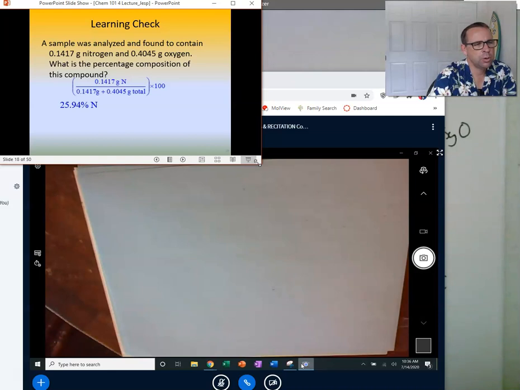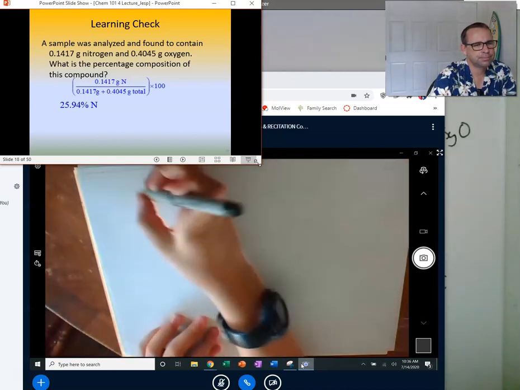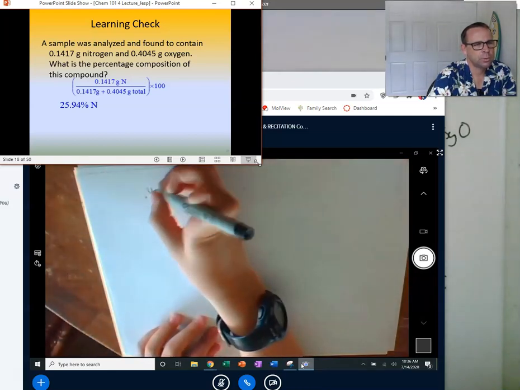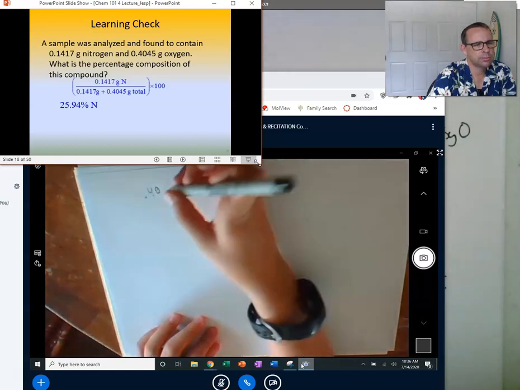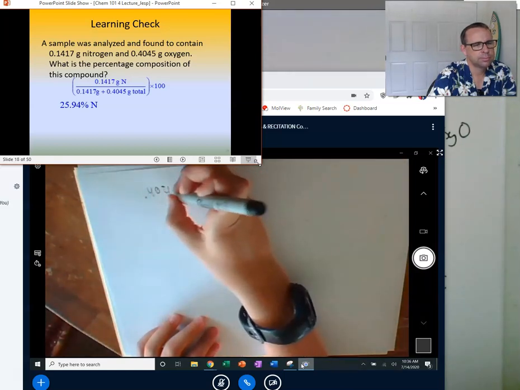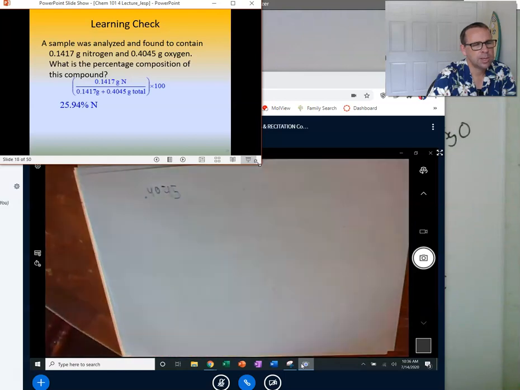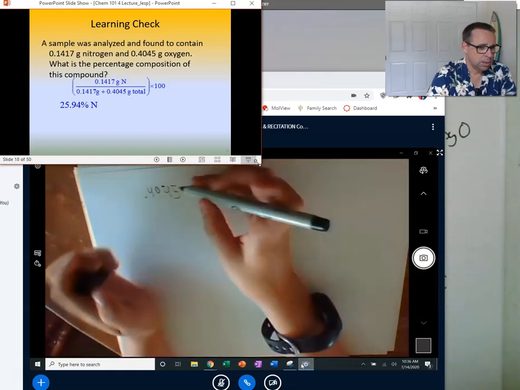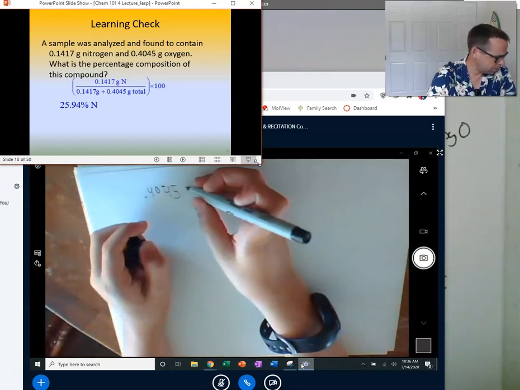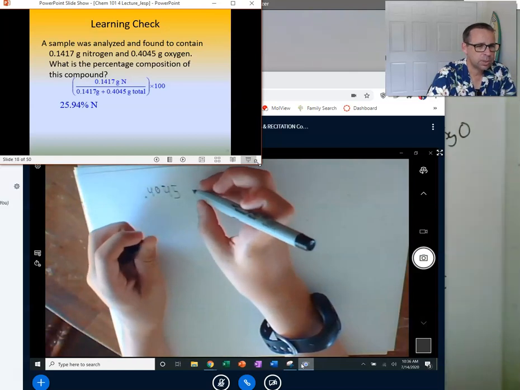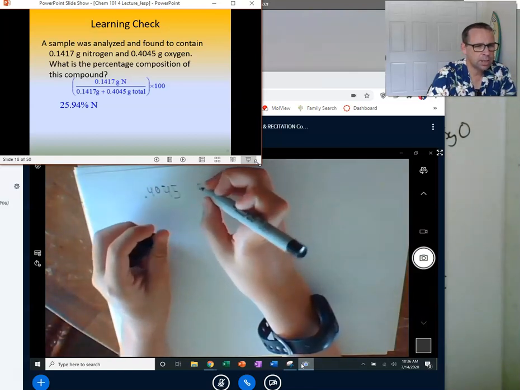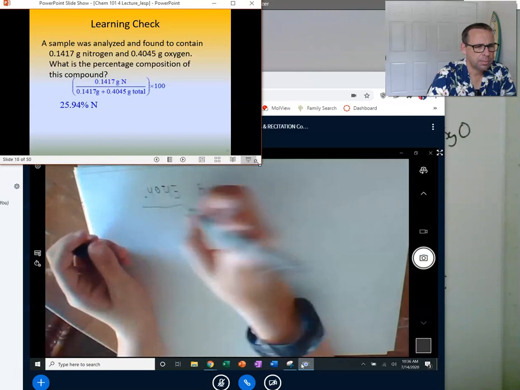It's 0.4045. That's how many grams of oxygen. Divided by? And the grams total was 0.5462. So just put a line underneath it to do divided by. There you go.